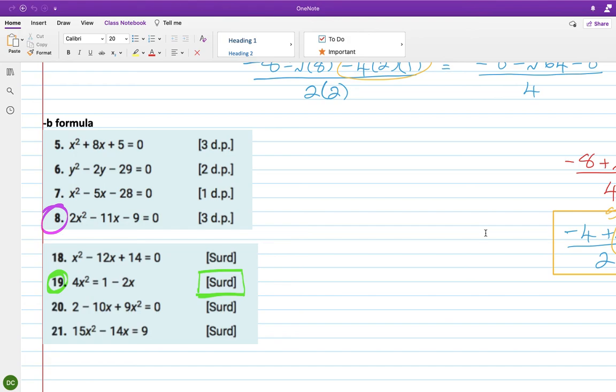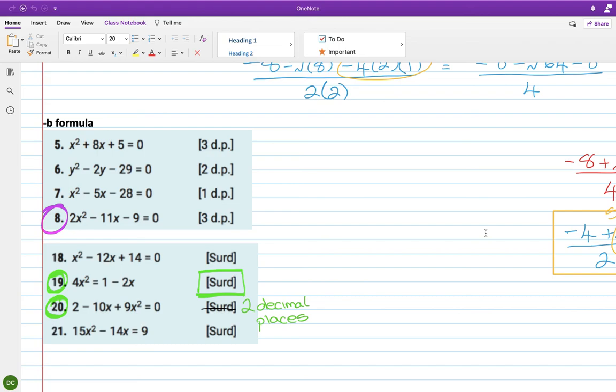And then I want you to do this one here, but I'd like you to give the answer to 2 decimal places. So the first one in surd form and the second one to 2 decimal places.